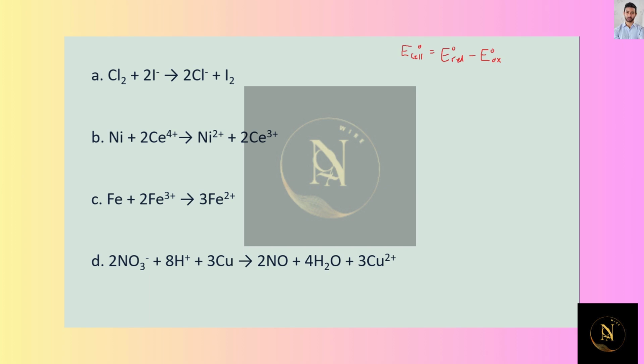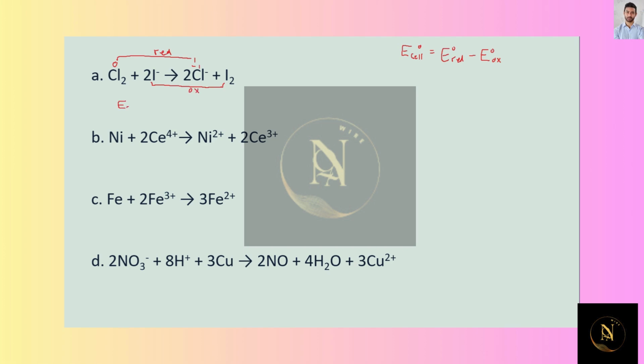So for this first reaction, we want to look to see how our oxidation numbers are changing so we know what's being oxidized and what's being reduced. So chlorine is going from 0 to -1. So chlorine is gaining electrons, so that's my reduction reaction. Iodine is going from -1 to 0. It's losing, it's being oxidized.